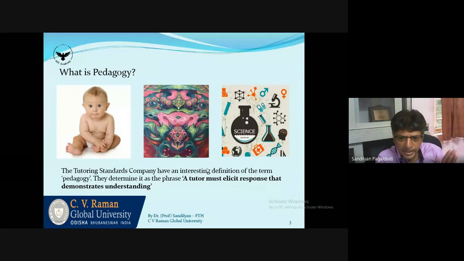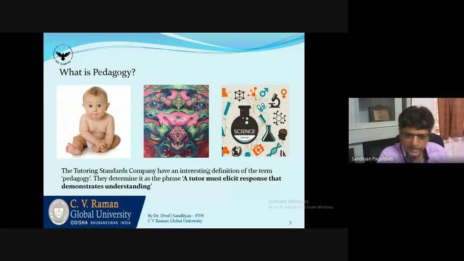So like that, peda stands for child, and pedagogy actually means the art and science. I say it's both an art and science because there is some scientific thought involved here, and definitely teaching is an art. Everyone cannot be a good teacher. So it's the art and science of teaching children.